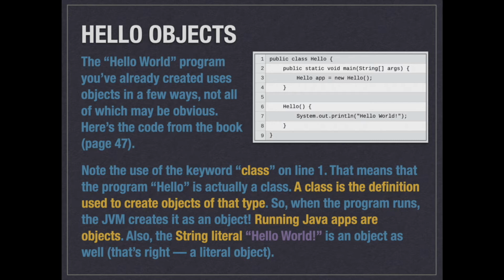It does that explicitly here in line 3, Hello app equals new Hello. What that does is create an object named app that is running in the virtual machine, and then we can address our app as it runs using that handle or identifier, app. Technically, even hello world is an object. It's a string object. So any Java code you look at, once you start to get used to it, you'll start being able to see the objects inside of it.